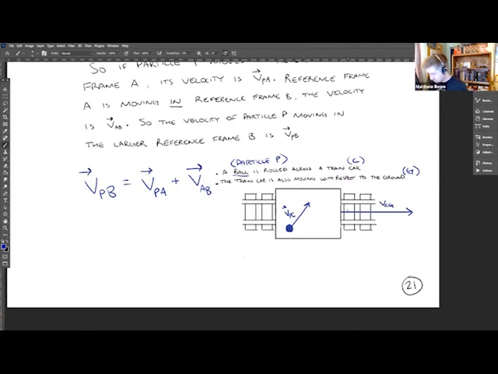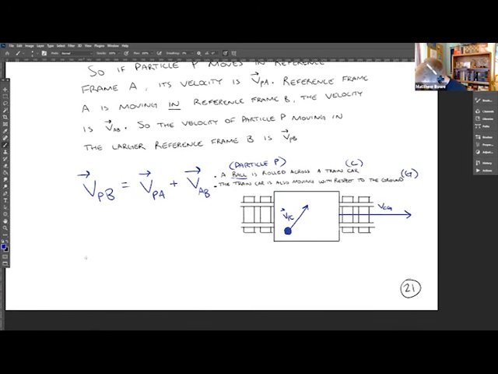So we have to add these two vectors together. The person out here on the ground will see this velocity, the velocity of the particle or the ball P with respect to the ground.